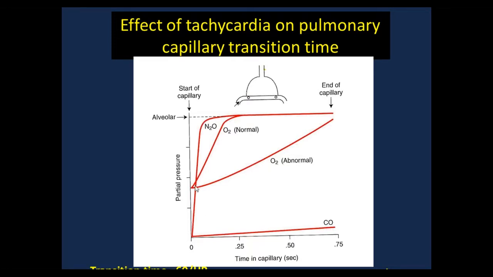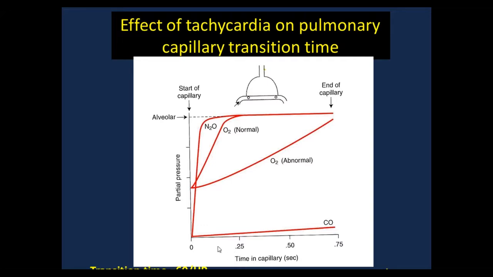In a normal subject, for the capillaries to get fully saturated with oxygen through the alveoli, it needs a short time, about 0.25 of a second. So we have 0.25, 0.5 and 0.75 of a second.